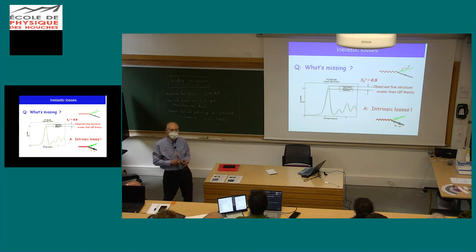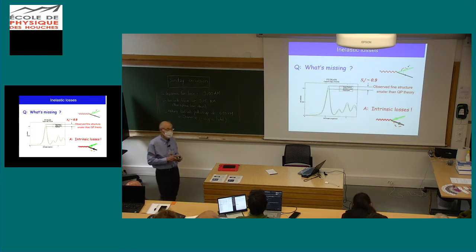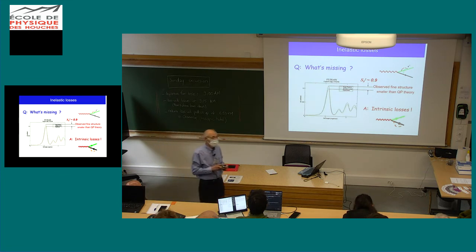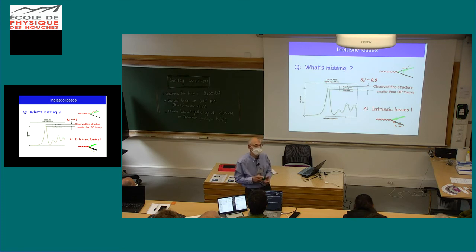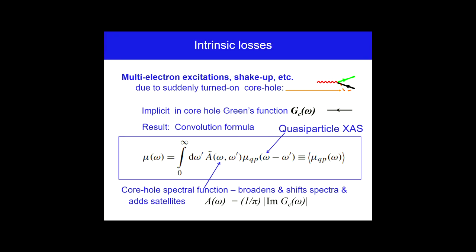But that's not satisfactory to us. And I said the reason for this is called intrinsic losses. They're the losses that are created when you turn on the core hole suddenly and you create a whole bunch of excitations. So now the photoelectron has a renormalization constant Z in front of it. And there's this extra factor.